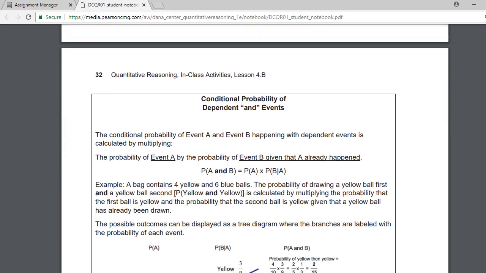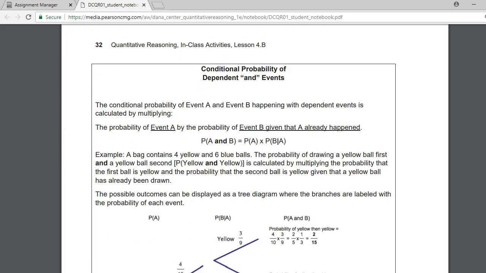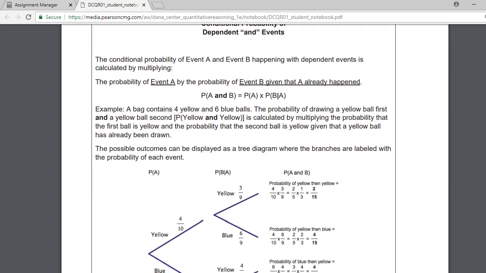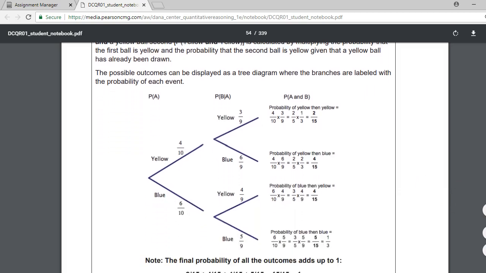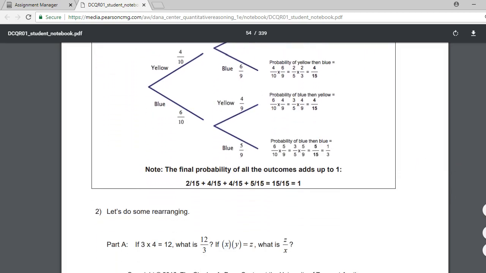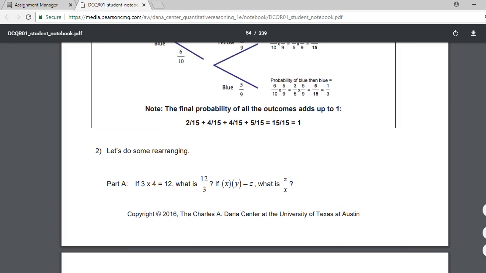We went through this conditional probability of dependent events, and I encouraged you to get a probability kit going at home. We had 4 yellow balls and 6 blue balls put into a brown paper bag where you can't see them, and you practice drawing and looking at the probabilities.